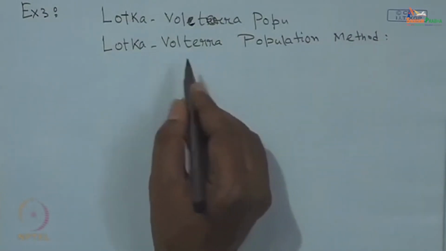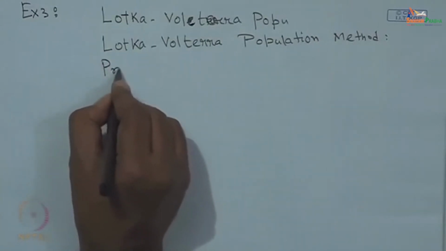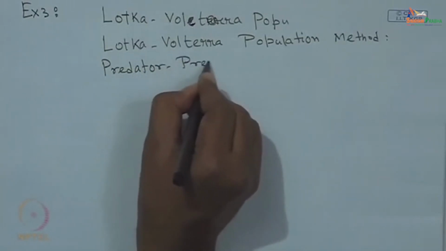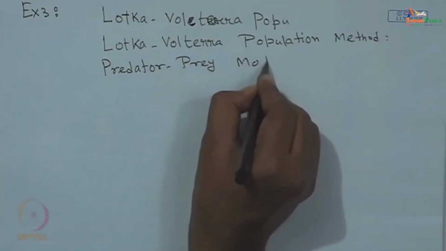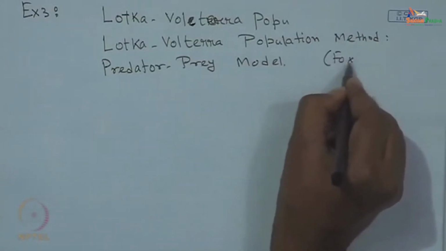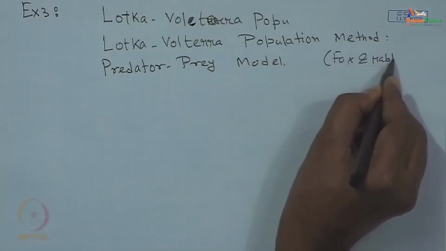And in this model, it is known as the predator prey model. Predator prey model. So, it is like a fox and rabbit population in a forest.